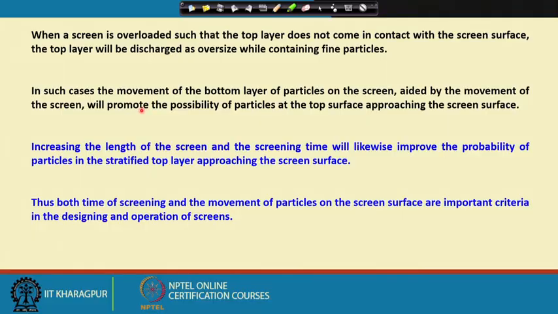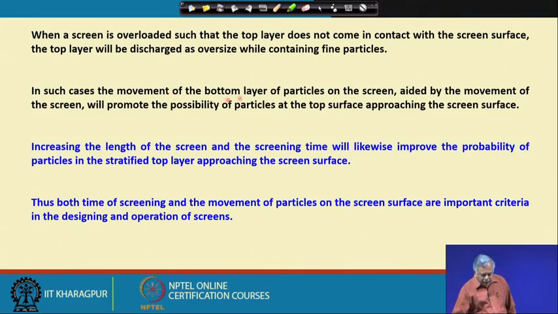So, what it brings is what is called the screen efficiency. That is how efficiently you have separated your particles based on their sizes. In such cases, the movement of the bottom layer of particles on the screen, aided by the movement of the screen, will promote the possibility of particles at the top surface approaching the screen surface.